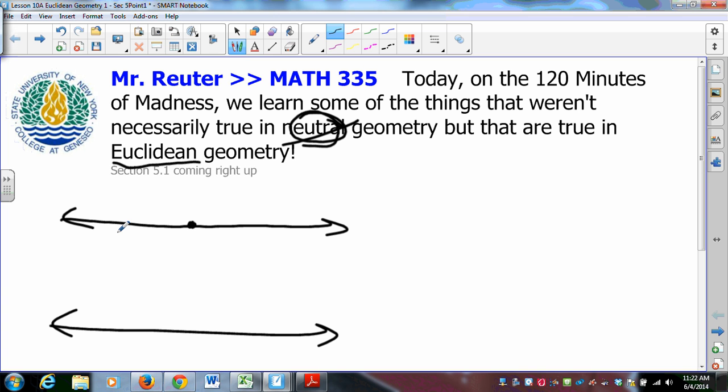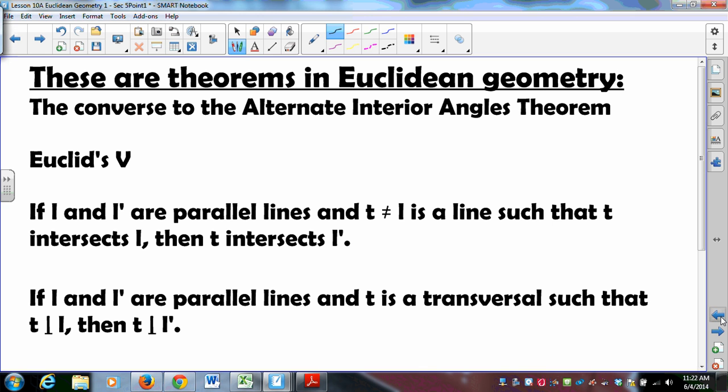That will be our assumption. Because that is our assumption, all of the statements that we've looked at previously that were equivalent to Euclid's parallel postulate, those are theorems in Euclidean geometry. Every single one of them.